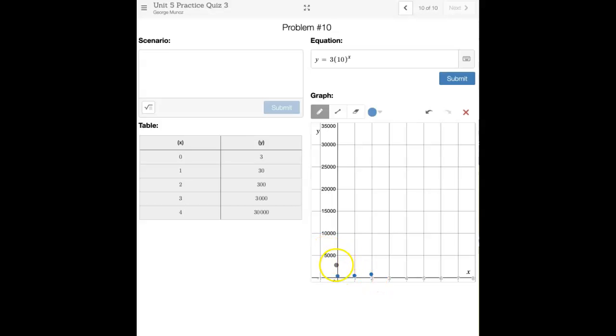Again, we shouldn't be very close to 5,000 yet. 3 and 3,000 we can finally creep up to a little past halfway up, because 3,000 is a little more than half of 5,000. And then 4 and 30,000, I can creep way up to 30,000, and finally it definitely looks like an exponential from that.